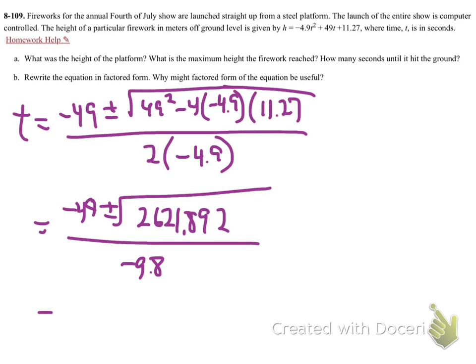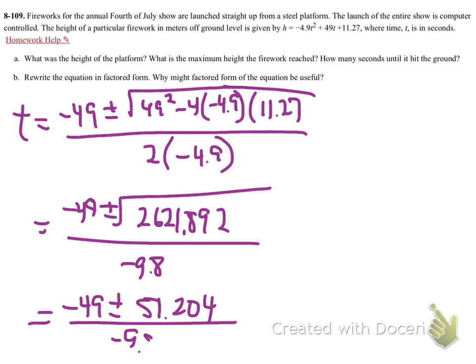So again, simplifying, I take the square root. I get about 51.0204 all over negative 9.8. That gives me, again, two solutions.